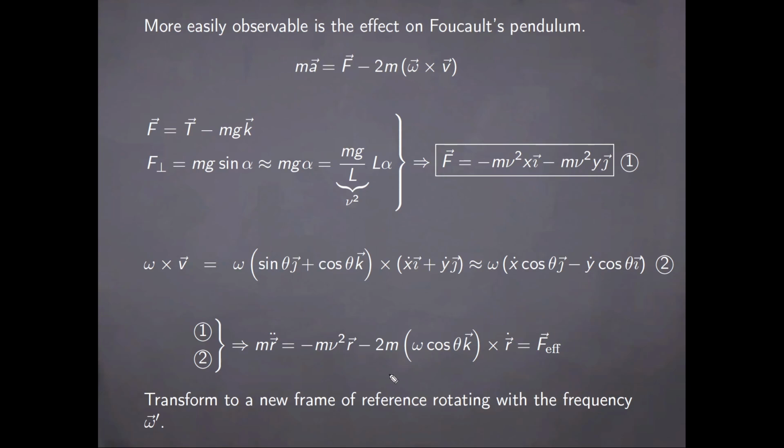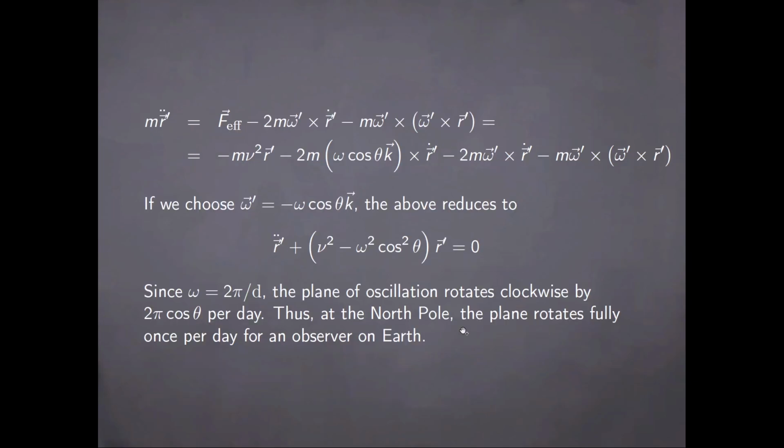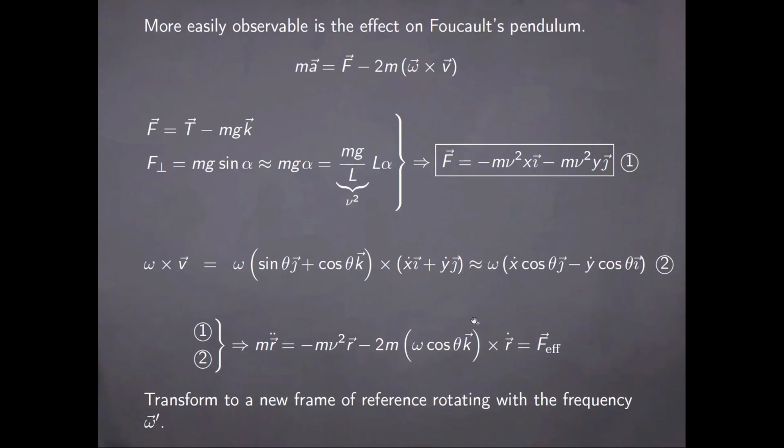And now the idea is that we would like to transform to a new reference frame rotating with a different frequency, which is omega prime. And we simply apply the procedure once again. So the mass times the acceleration in this new prime frame is going to be the initial force.